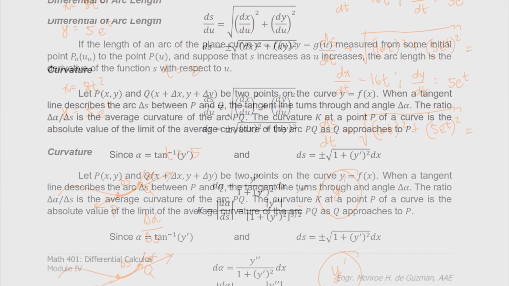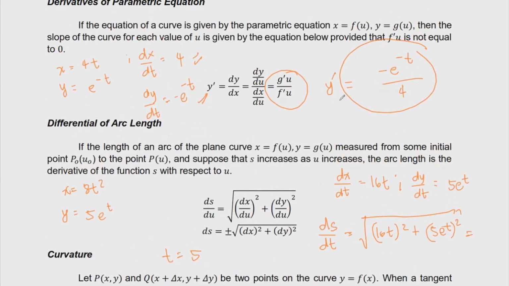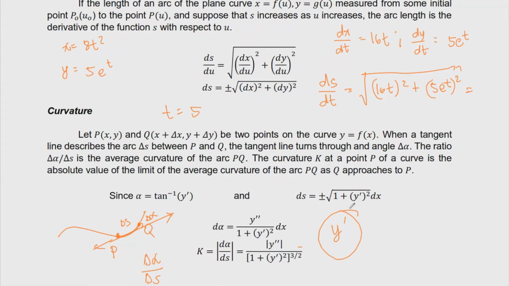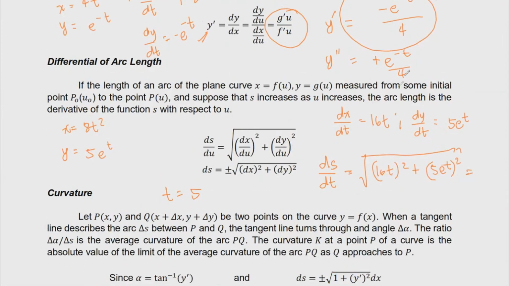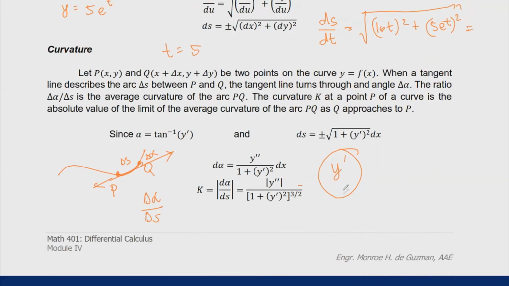And for this y prime prime, you just have to take the derivative of this y prime with respect to t. So that would be positive e raised to negative t over 4. And of course, we need to make sure that the second derivative y prime prime doesn't give us a value which is undefined.